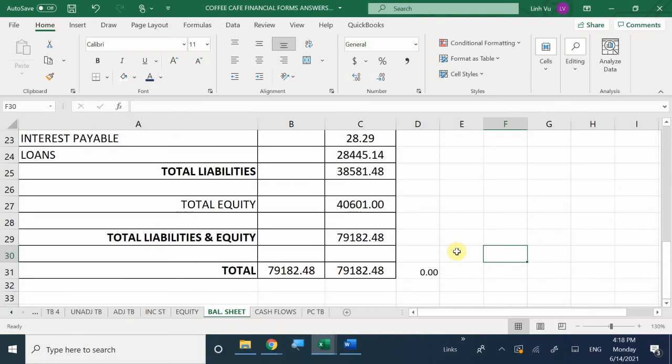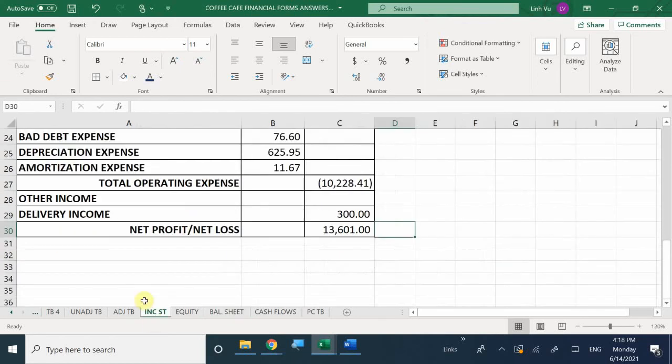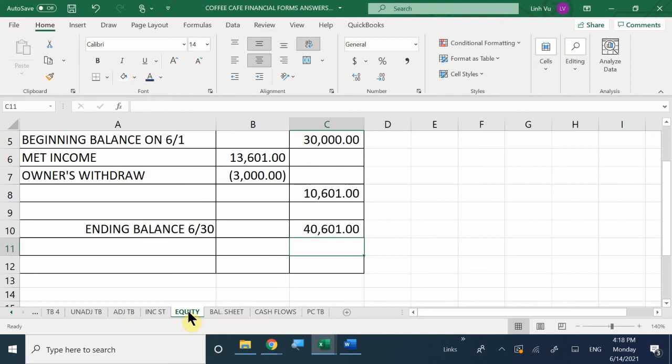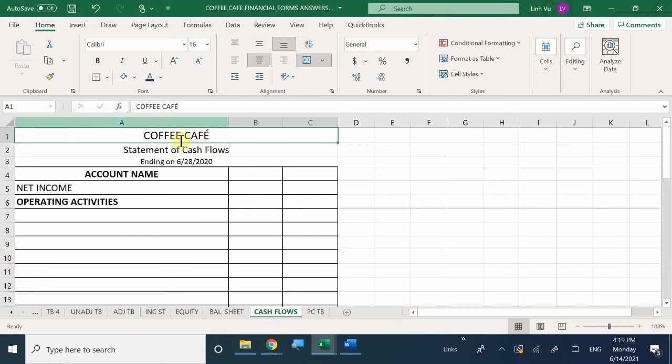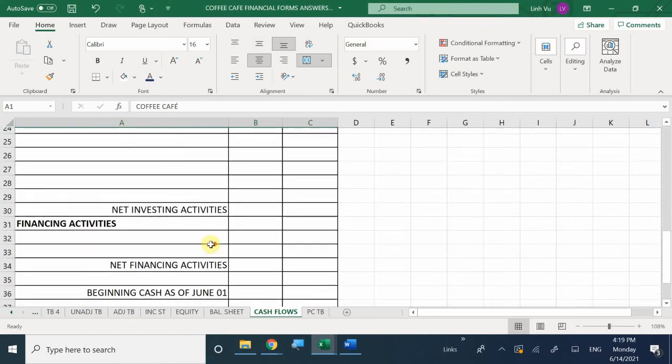Okay, so notice this, every single statement we build is linked to one another, right? Here we have our net profit, which carried over to our statement of equity, which when we solved for our new equity, we carried over to our balance sheet. Last but not least, I'm going to give you a fair warning here.